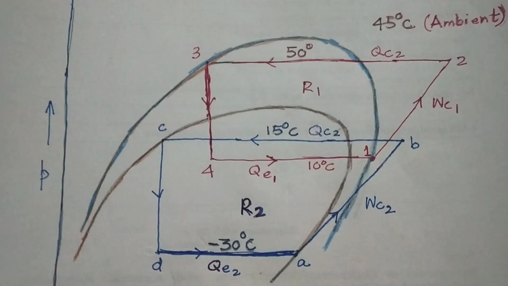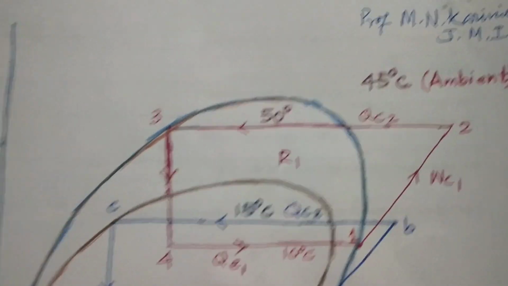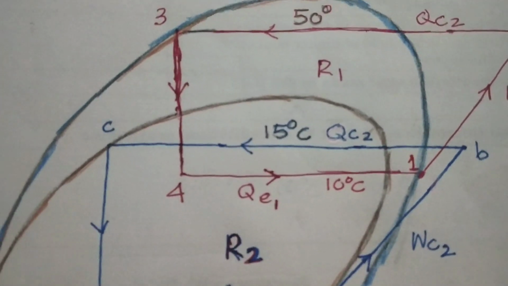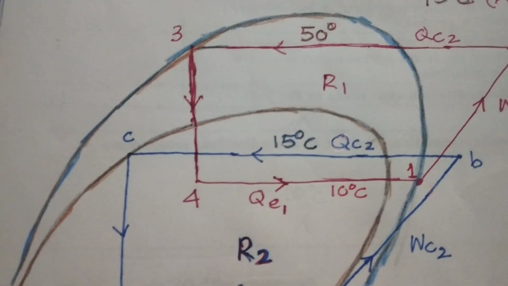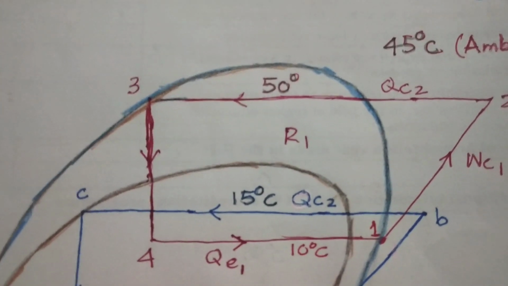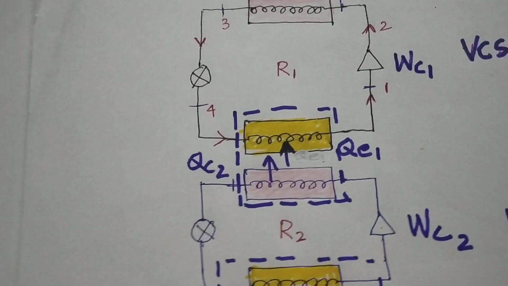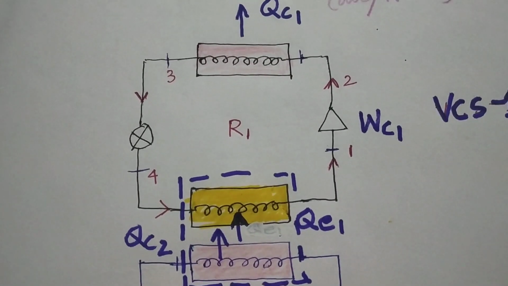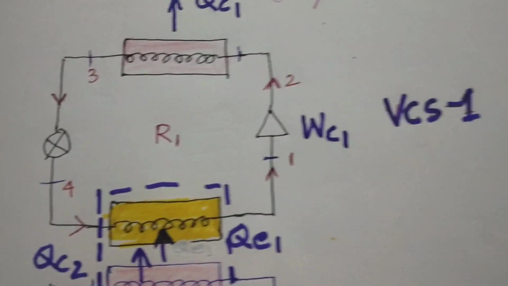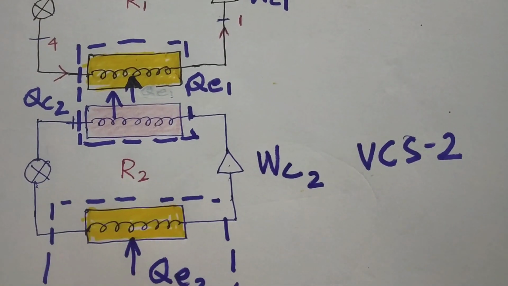So you see there is not one curve, there are two curves: one is a blue curve and the other one is a gray or brown curve. We have two refrigerants, R1 and R2. As shown in our previous diagram, vapor compression system 1 has R1 refrigerant and vapor compression system 2 has R2 refrigerant.